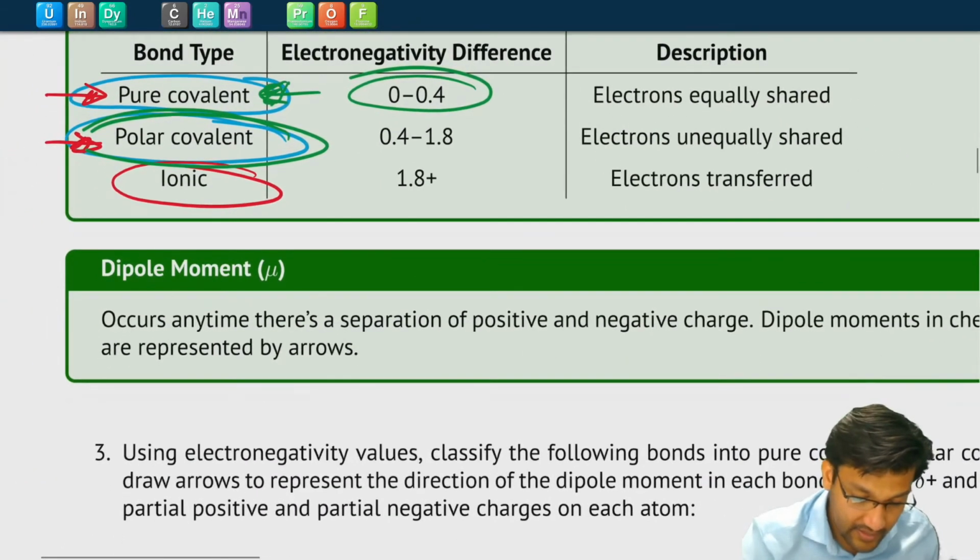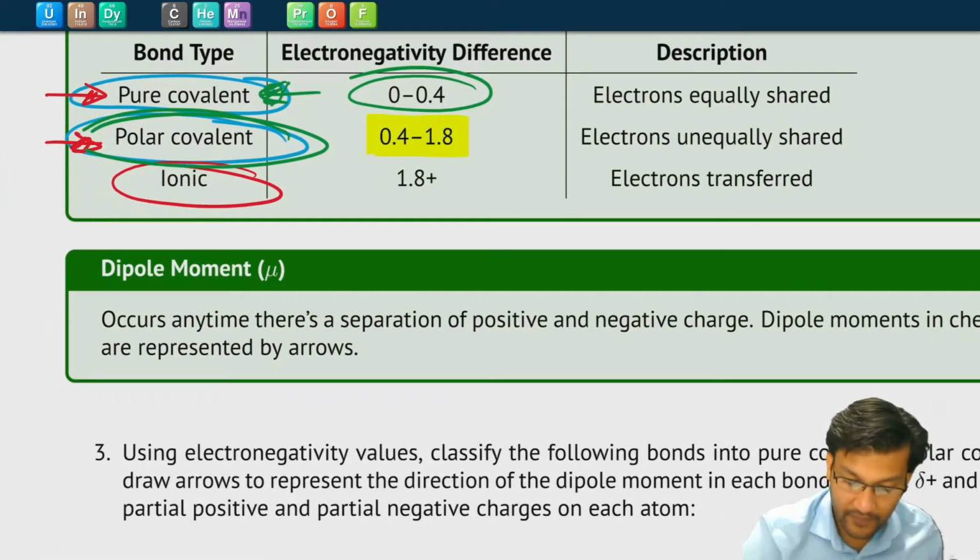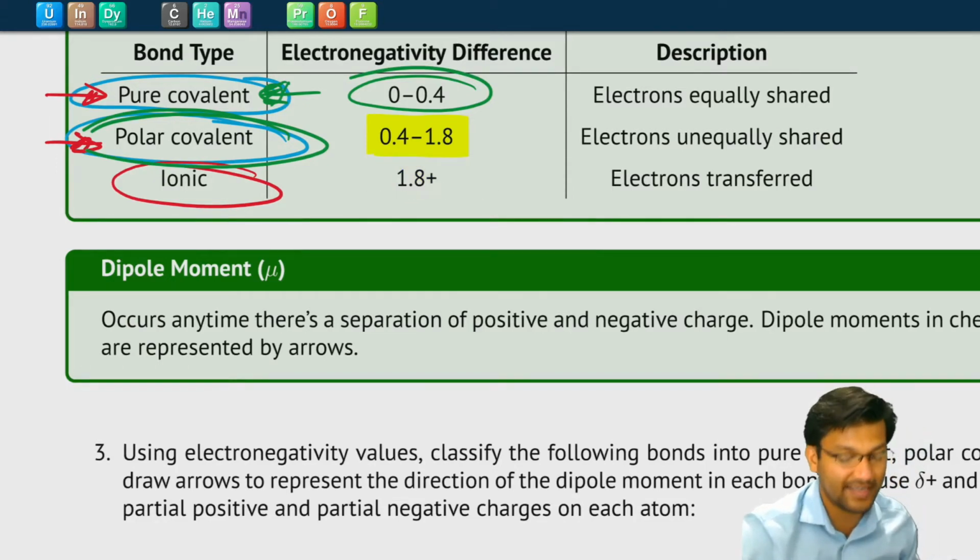And these are important. For a polar covalent bond, the electronegativity difference lies between about 0.4 to about 1.8. And if the difference is much larger than that, then we have what we talked about earlier, which is an ionic bond.